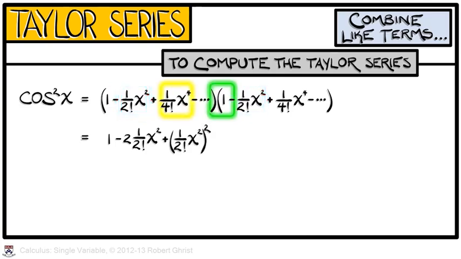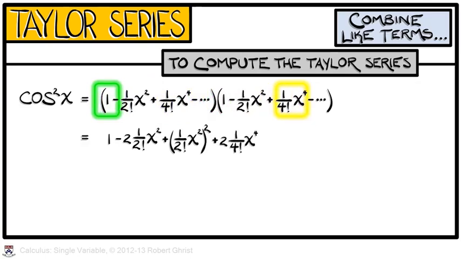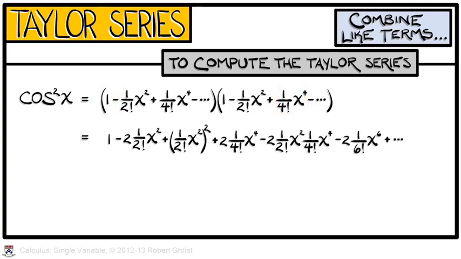But there are a few others as well. There is an x to the 4th over 4 factorial term and another x to the 4th over 4 factorial term. All of the other terms are going to be of higher order. One could continue multiplying, although the multiplications would become a bit tedious.